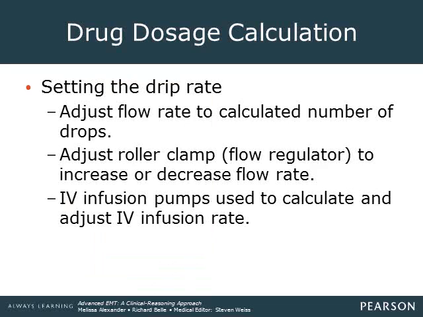If you dial it down, it slows down. So up towards the bag speeds it up, down towards the patient slows it down. So we're going to watch the drips in the drip chamber, and if they're going too fast, we just back down a little bit. Going too slow, we just push it up just a little bit. And again, I said IV infusion pumps can be an enormous help when you are trying to precisely infuse fluids.